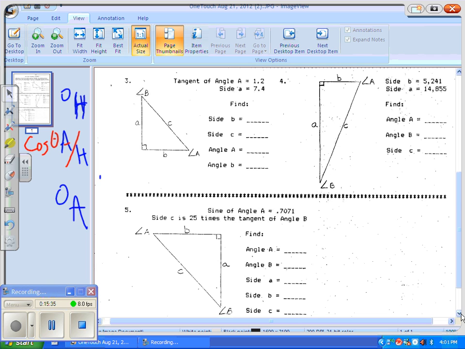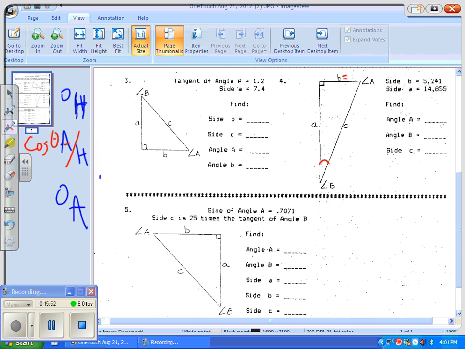And what are we given here? Side B is the side opposite of angle B, right? We don't know which one we're going to look at, but if we flip this thing over, we would normally look at angle B, right?